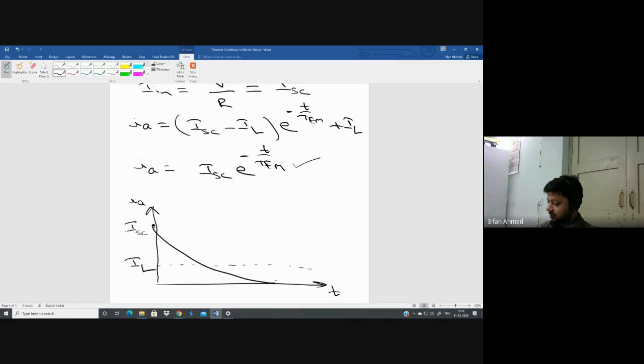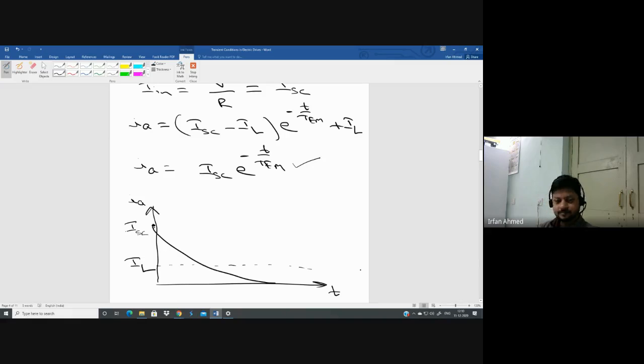When your motor is starting at no load, the initial current is equal to the short circuit current V by R, and as your motor keeps on gaining speed, your armature current goes on decreasing exponentially with respect to time. And finally, it becomes 0 when time becomes infinite. Okay?